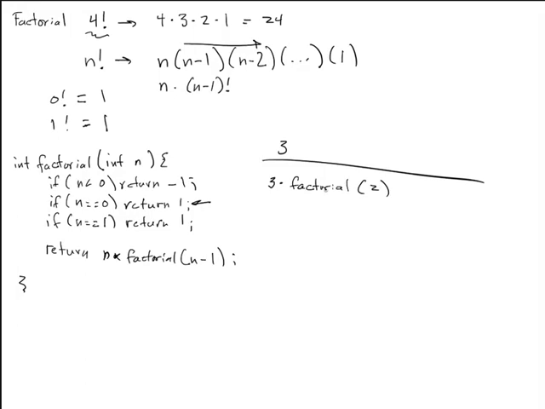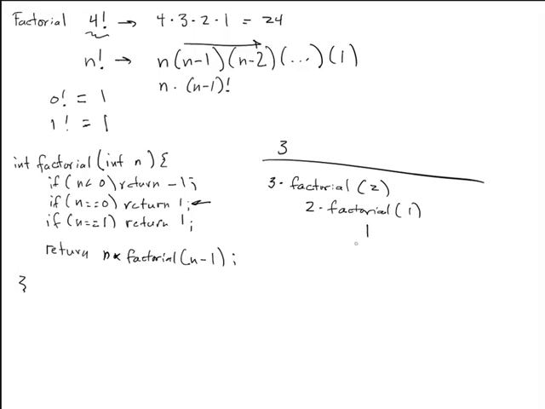Okay, well, we can figure out what the factorial of 2 is. The factorial of 2 doesn't meet any of these conditions, so the factorial of 2 is actually equal to 2 times the factorial of 1. And we know what the factorial of 1 is. It hits one of our base cases, and so it just returns 1.